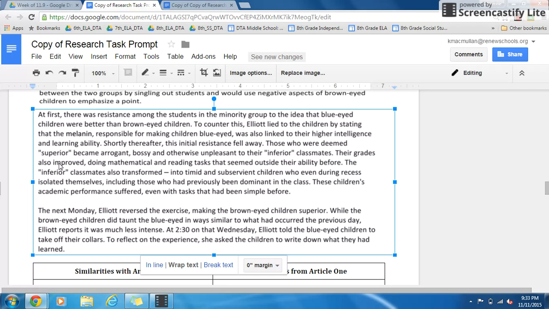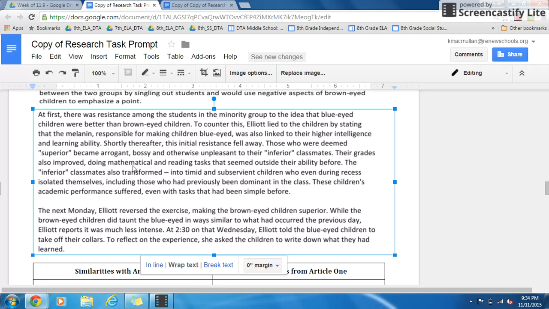Their grades also improved, doing mathematical and reading tasks that seemed outside their ability before. The inferior classmates also transformed into timid and subservient children who even during recess isolated themselves, including those who had previously been dominated in the class. These children's academic performance suffered, even with tasks that had been simple before.